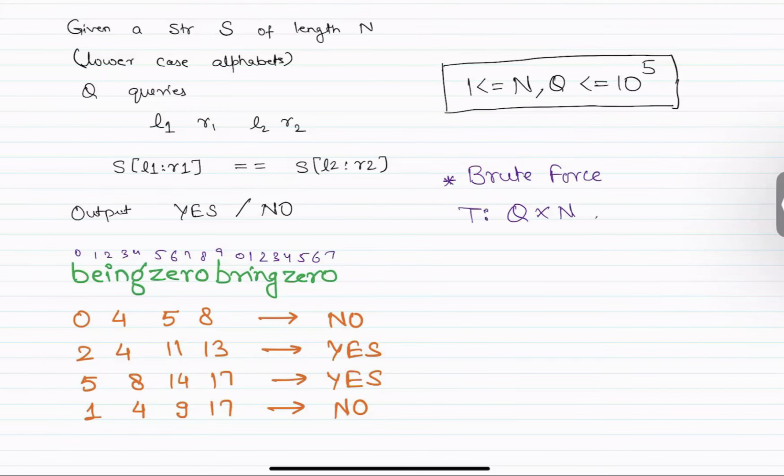And space required by brute force will be constant, because we don't need any extra space. We are just managing with a loop for every query. Based on the constraint, we can directly see that this is a no-brainer. This is going to give TLE anyways. So we need to find an efficient solution.